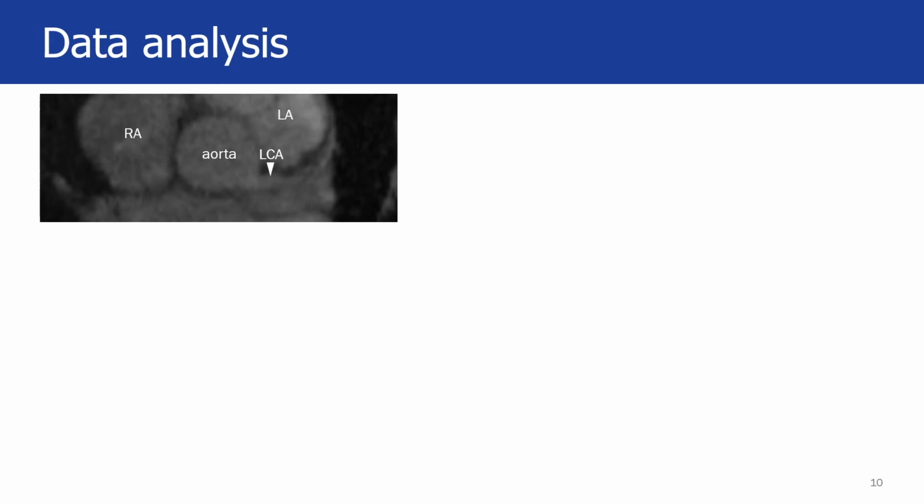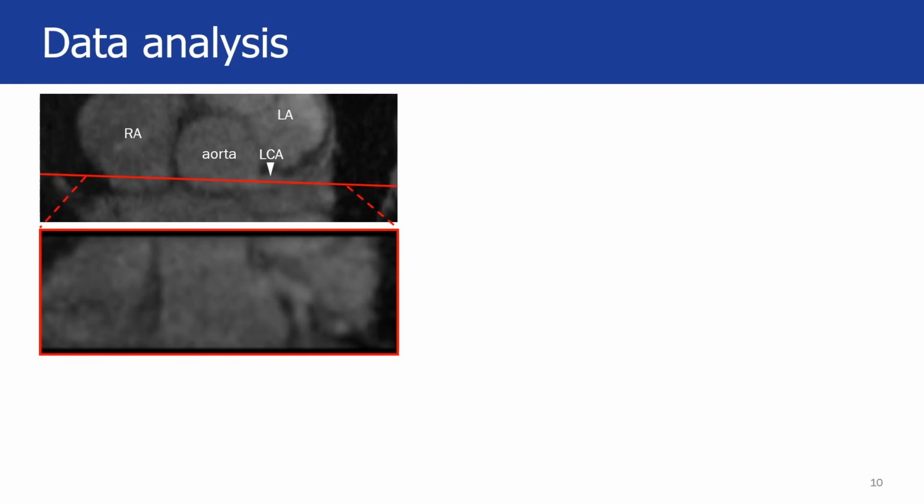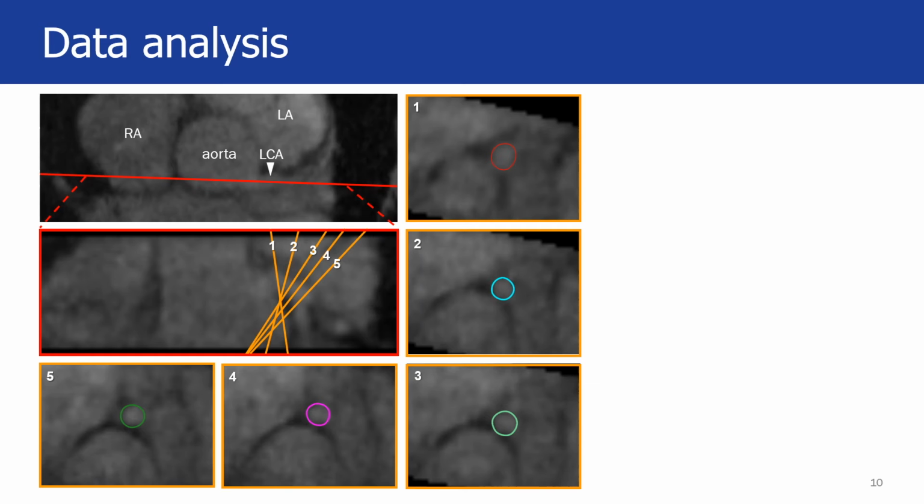I will now show how we performed the flow and velocity measurements. We first made a longitudinal cross-section of the LCA, resulting in a coronal view, and then placed 5 measurement planes perpendicular to the LCA, resulting in cross-sectional images in which we contoured the LCA and also placed reference contours in the pericardial fat next to it.